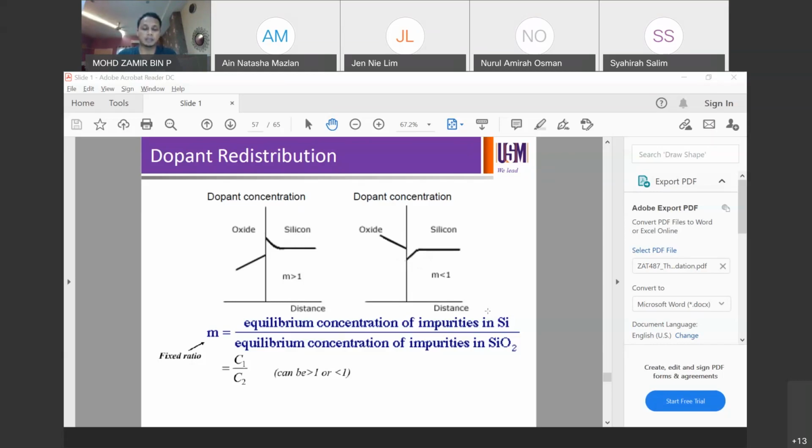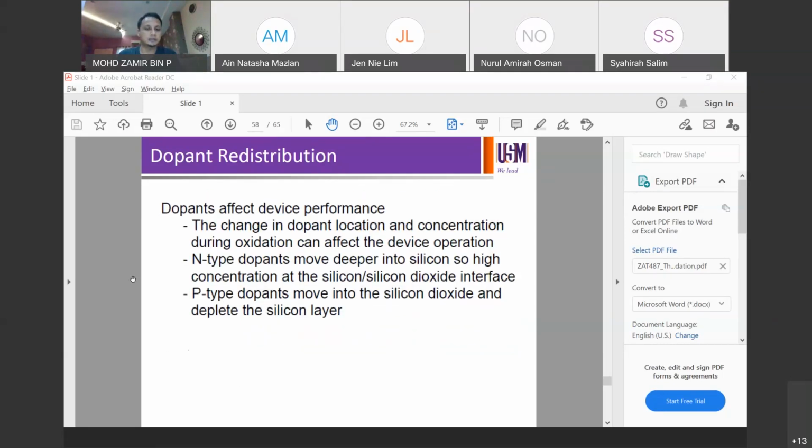Therefore M is less than one, because silicon has a lower dopant concentration in comparison to silicon dioxide. You can also put this as C1 over C2, with C1 referring to silicon and C2 referring to the oxide.